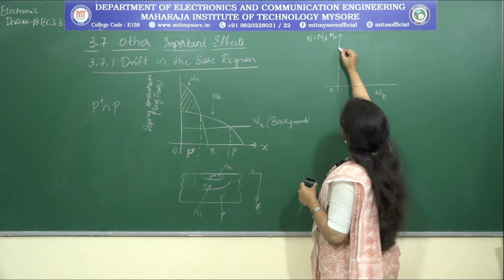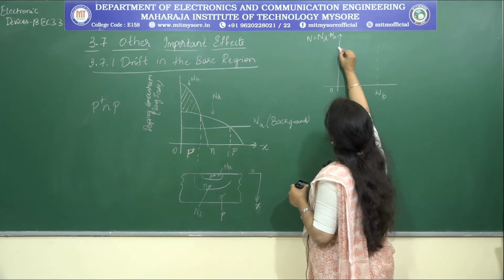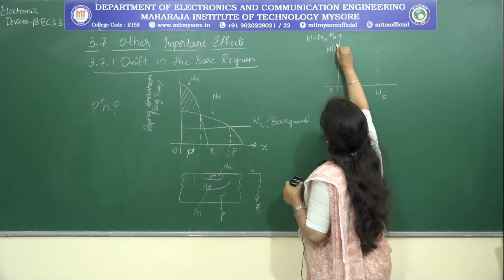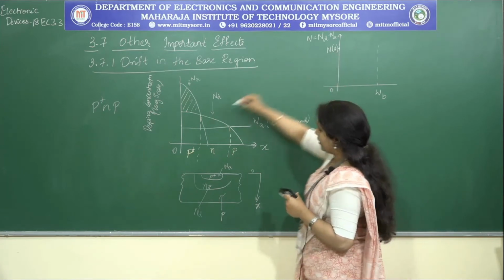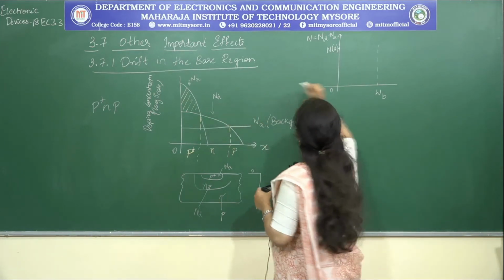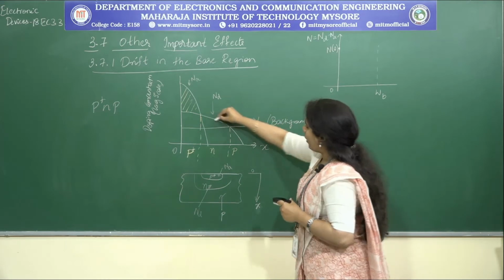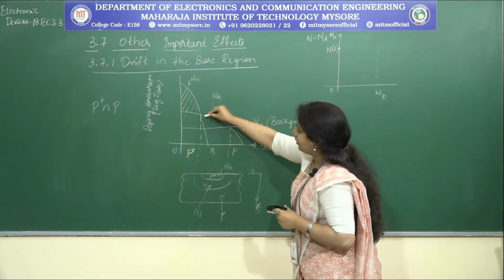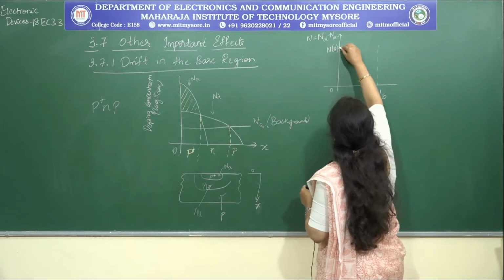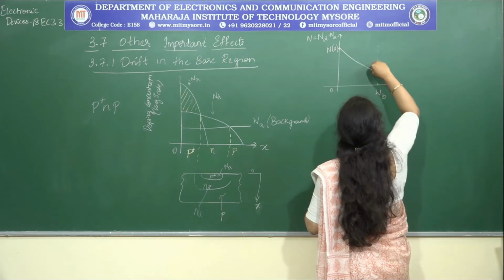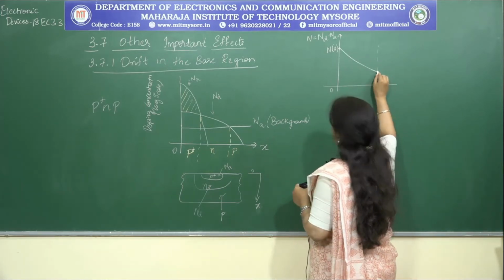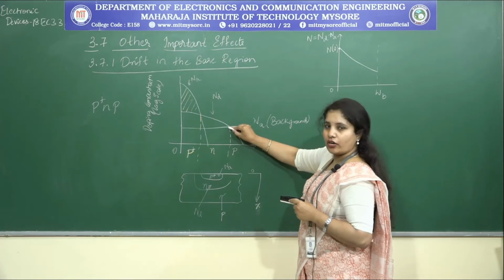Now, at the initial stage at 0, this is the doping concentration I'll be having, that is at this point I am trying to represent. Whereas, as I move along the width of the base region, what is happening? It is declining or decaying, and it is not reaching 0. Please note that point, it is not reaching 0.